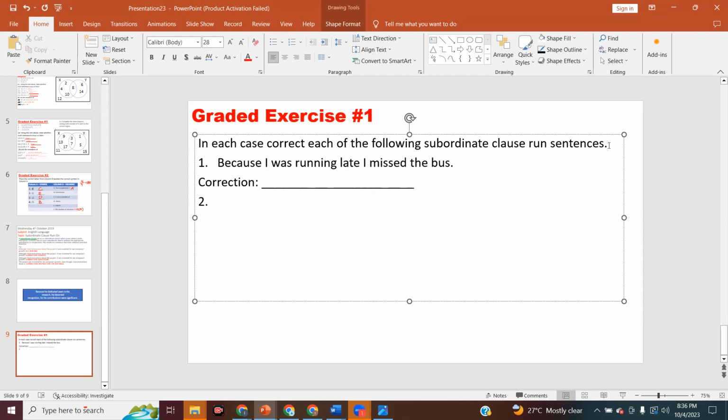Number 2, although she studied hard, she did not perform well on the test.